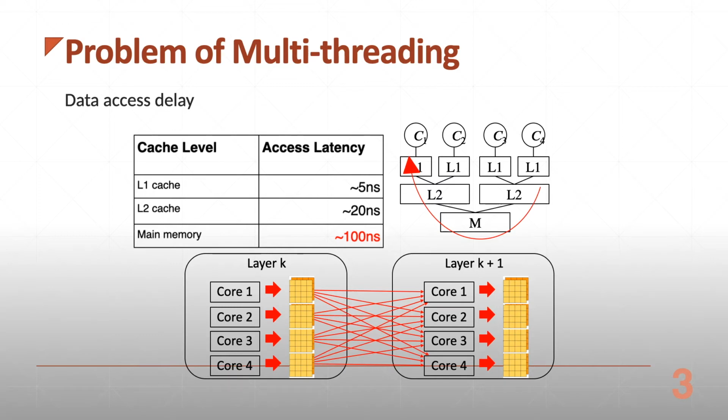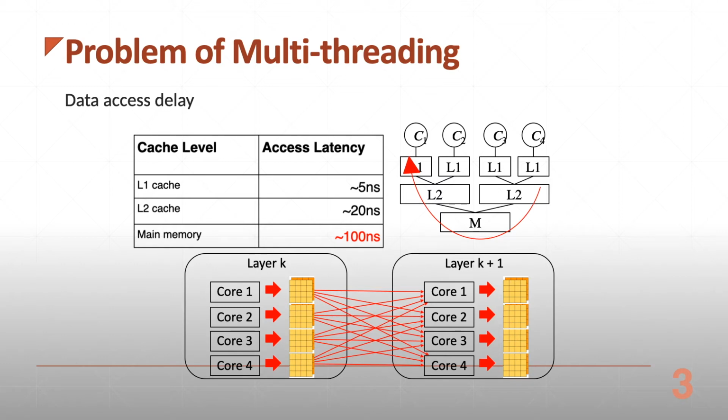Since the parallel threads are processing the same data set, for example, core C1 needs to access data processed by core C2 through the L2 cache, which is 4 times slower than direct access through the L1 cache. In contrast, C2 and C3 need to access data from each other through the 20 times slower Level 3 main memory, according to the given architecture.